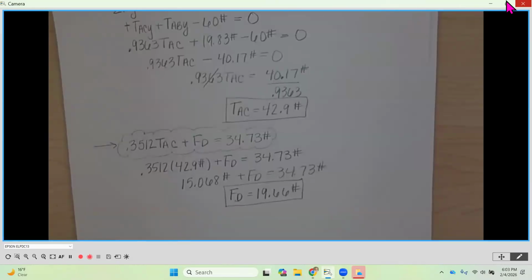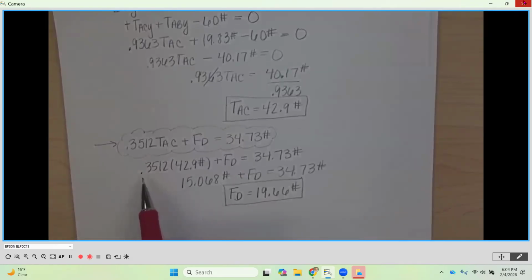Did everybody get that same number, 19.66, Jaden? You got what? No, that's probably fine. Yeah, reasonably within. If you're 19.72, that's not terrible, but make sure that you're holding 4 or 5 decimal places all the way along.